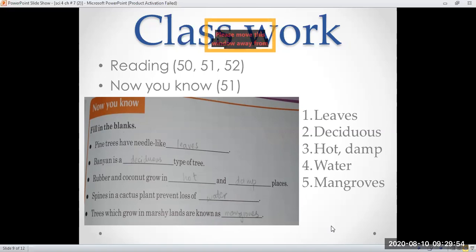Teacher, adaptation in aquatic plants, right? Yes. Ibrahim, you are playing with the pencil. So in the last paragraph, you are going to read from page number 51, the last paragraph.